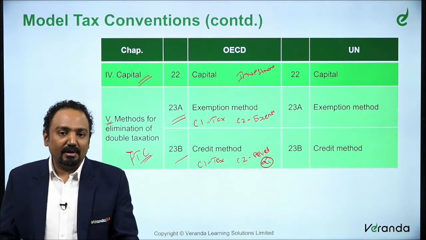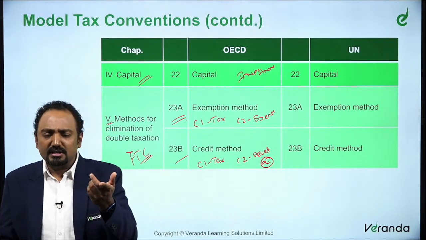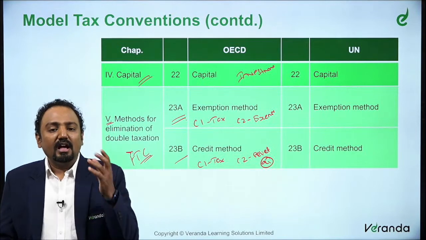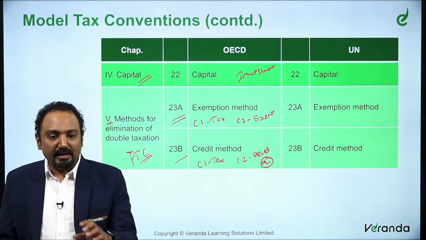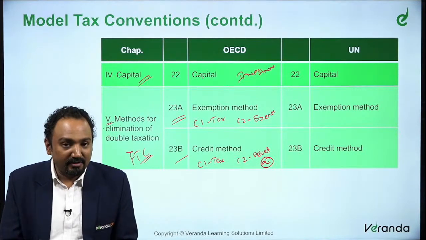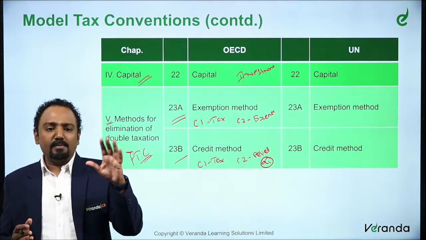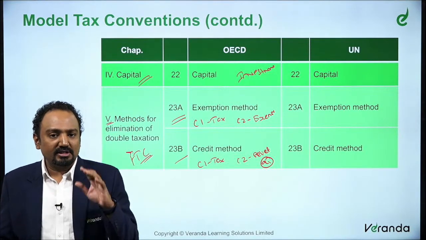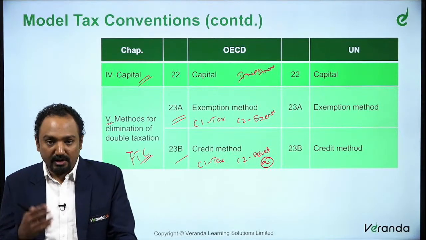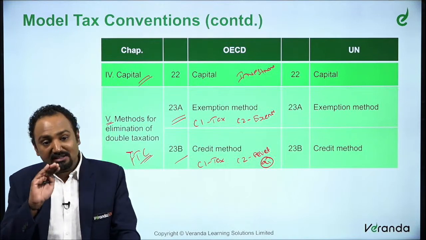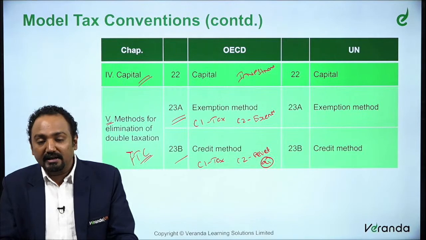If you remember, when we started and discussed the role and need of these treaties, we said it is not necessarily for elimination of double taxation. Typically only chapter 5 talks about how you eliminate double taxation, or probably even chapter 3 to an extent. The rest of the things we are going to see subsequently are not necessarily related to double taxation. It is something more than double taxation.